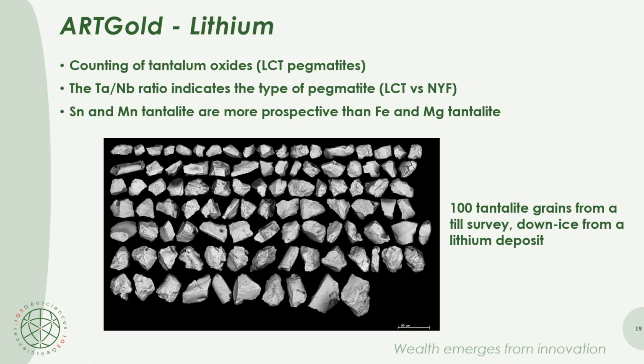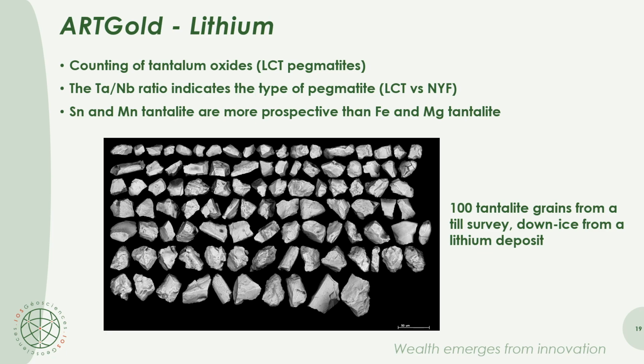Like I mentioned, it's gold, PGM, and other minerals. In the case of lithium, it's really useful because you can identify the tantalite for the tantalum in LCT pegmatite. And not only do you have a count of tantalite, you know the tantalum to niobium ratio, which is really important, because if you have more tantalum, you're looking at LCT.